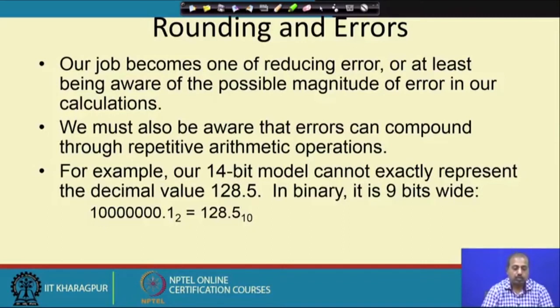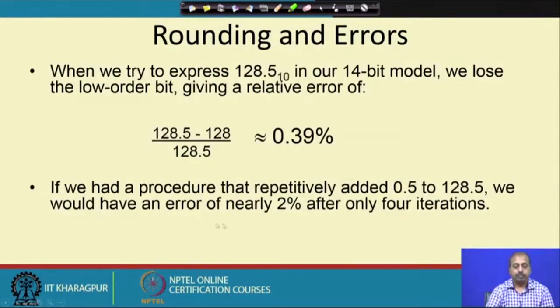So, in our 14-bit model, we cannot exactly represent the value 128.5. In binary it is 9 bits wide. In floating point representation, I have to represent it as 0.1 something and then 2 to the power some value, but that will not be possible to represent in 14 bits.